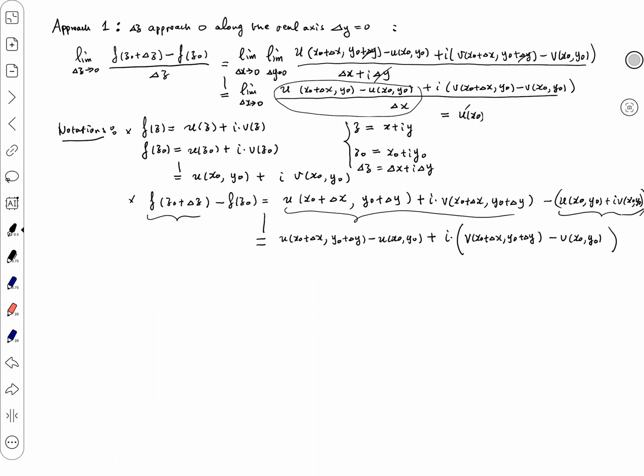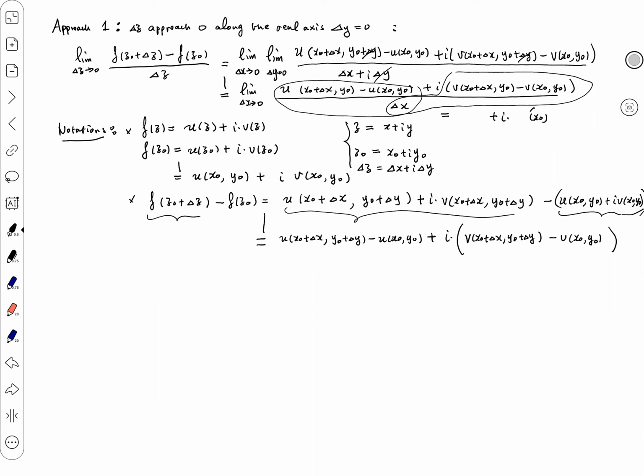Similar reason, the second part is v's x naught derivative, or to write it more rigorously, the partial derivative.